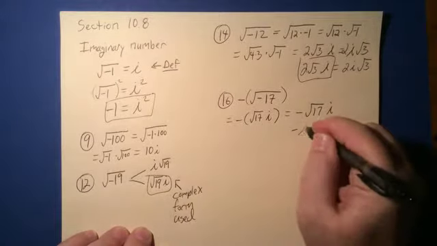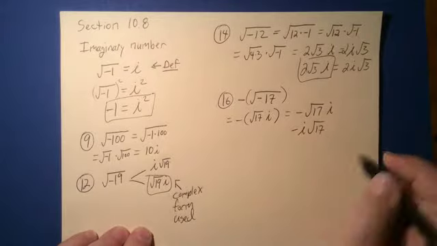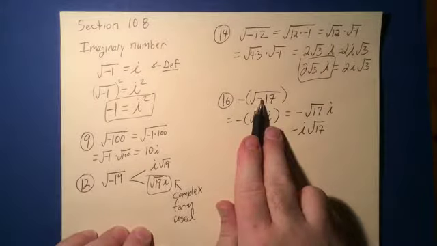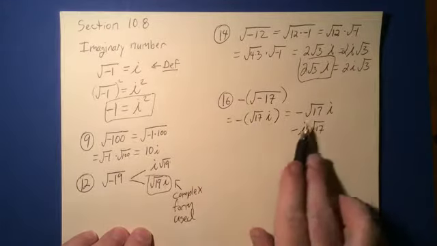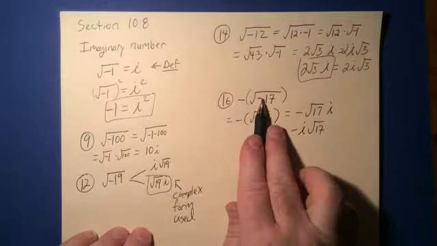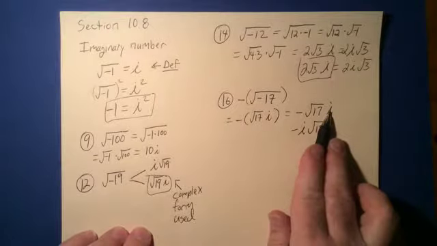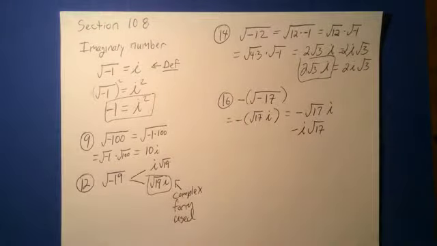You may again also see it as negative i radical 17, but the negative underneath the radical doesn't undo anything with the negative outside the radical. They don't undo each other. This has to be brought from underneath the radical, and it's going to come out as i. So just as a shortcut, this takes a little getting used to. With the work that you have on MyMathLab, you should be able to get more comfortable with it.